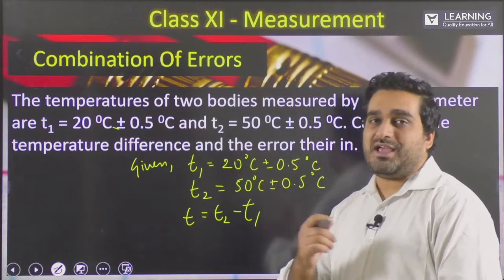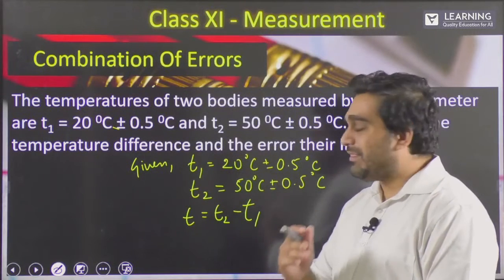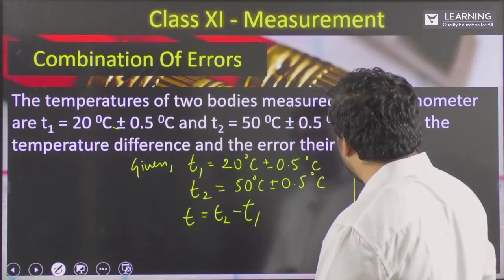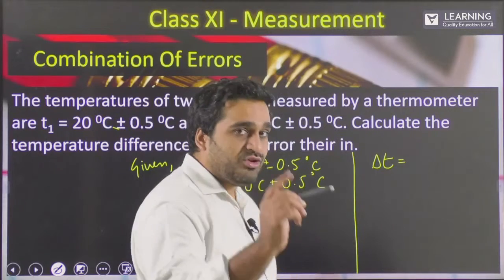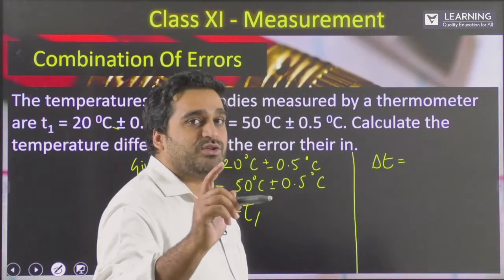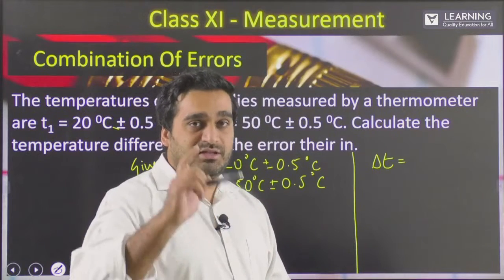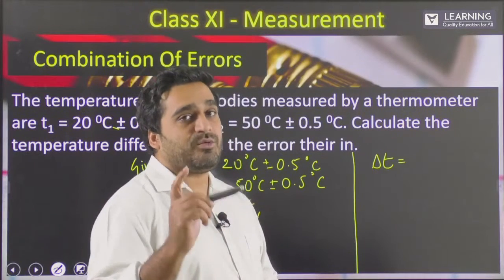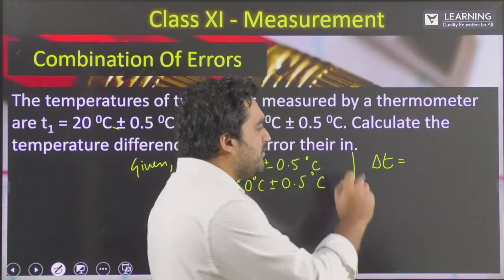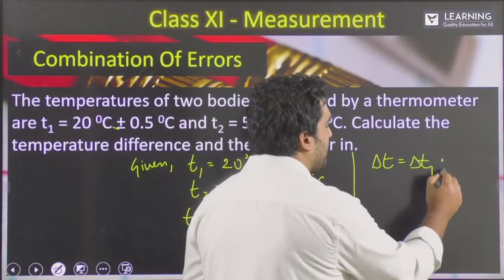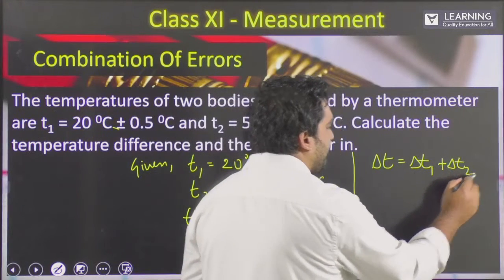You know the value for T2, you know the value for T1, but the problem is, what about their absolute errors? Remember, the absolute error, delta T, will always be equal to the sum of the individual errors. Even if it's a sum or a difference, the absolute error will always be the sum of the individual errors, which is delta T1 plus delta T2.